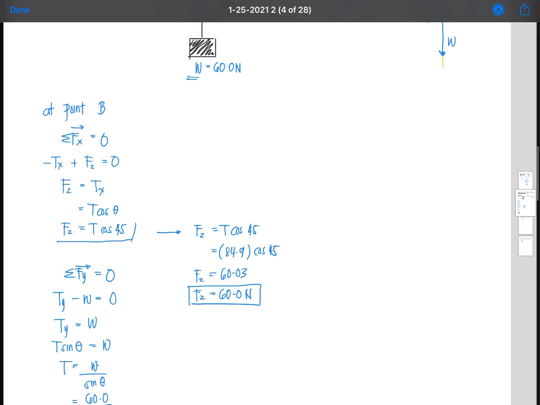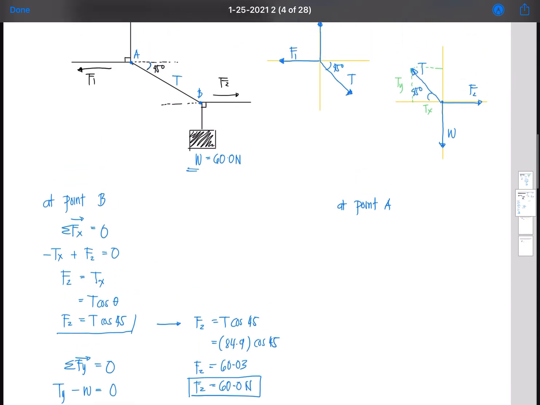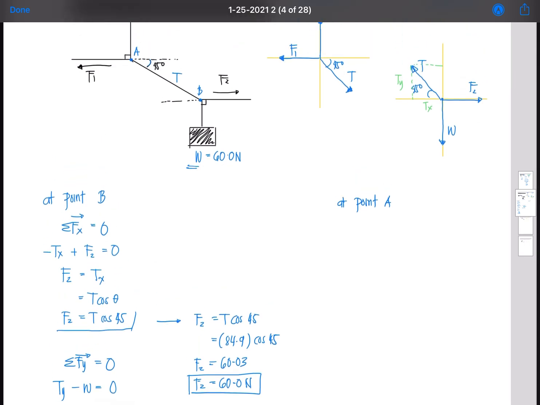Next, we go to point A. We consider now the summation of all forces along x. Why? If you look at the illustration, we only consider the x components because our unknown, which is F1, is along x.